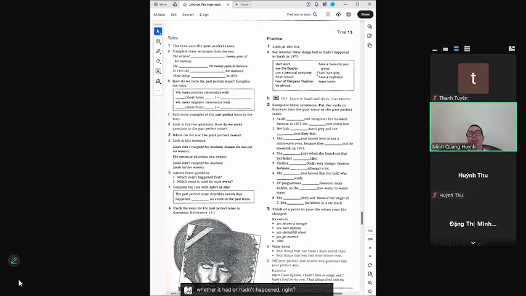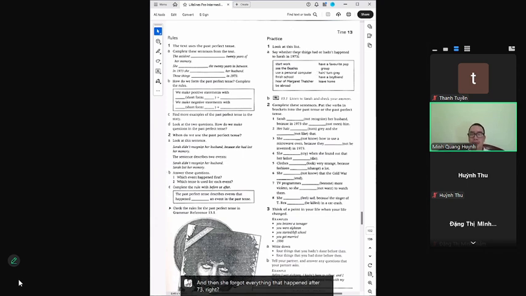So in 1973, had she started work? Had she seen the Beatles? Had she used a personal computer? So remember, she had an accident in 1993, and then she forgot everything that happened after 73.